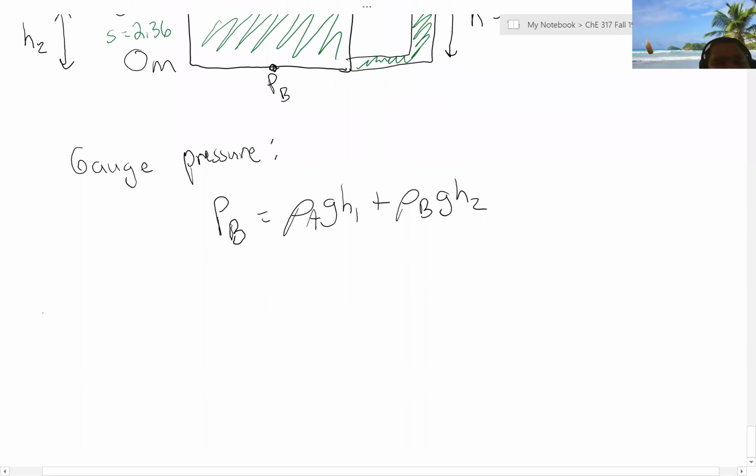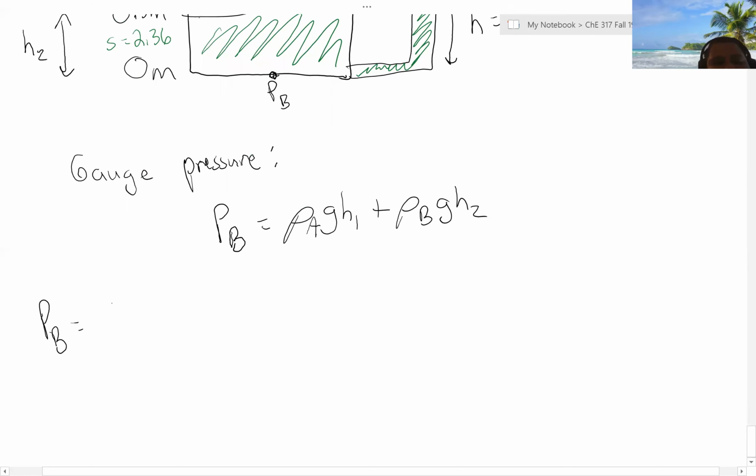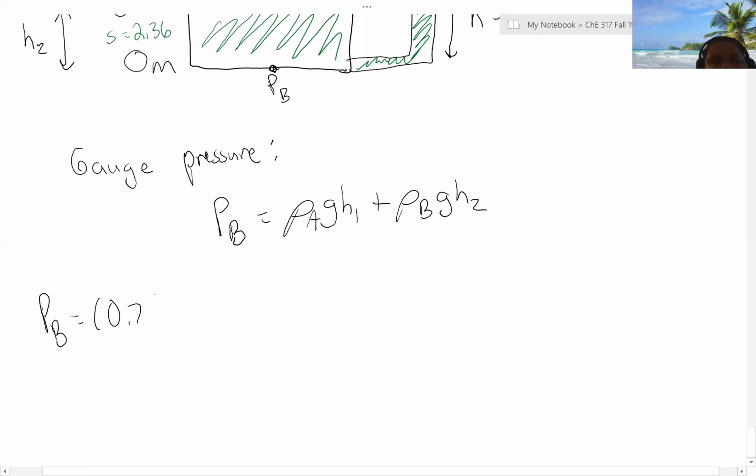So PB then equals specific gravity of A, which is 0.72, times the reference fluid, which if you're looking at liquids, reference fluid will be water. If you're looking at gases, reference fluid will be air. And so this is a metrics problem.